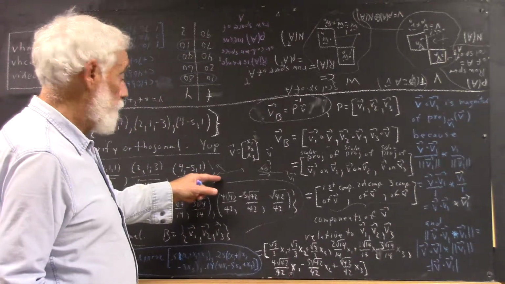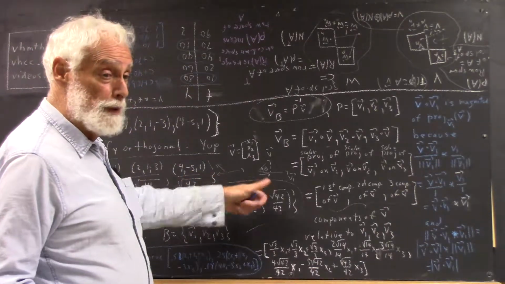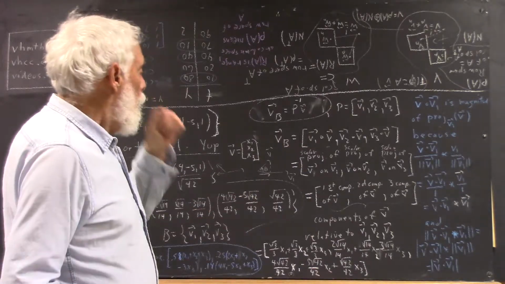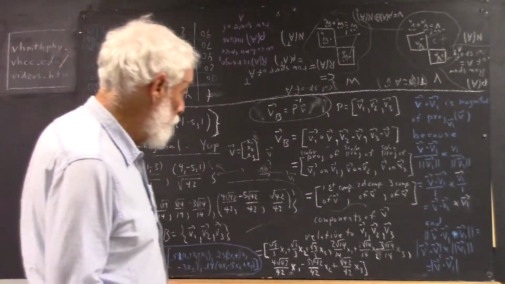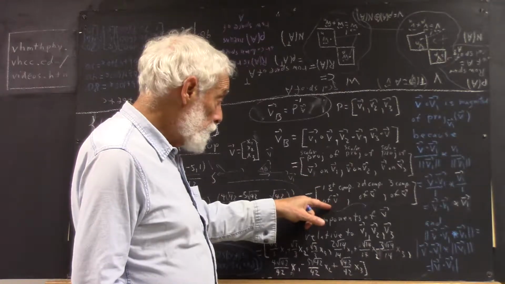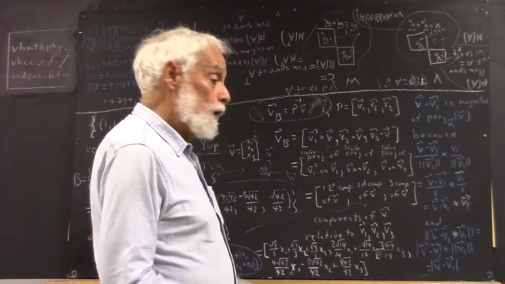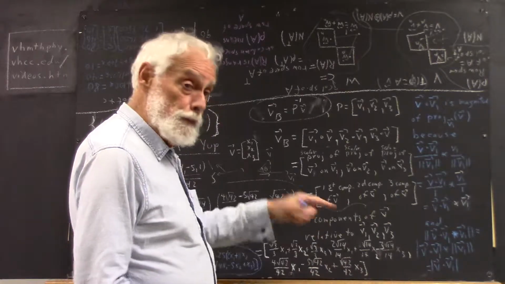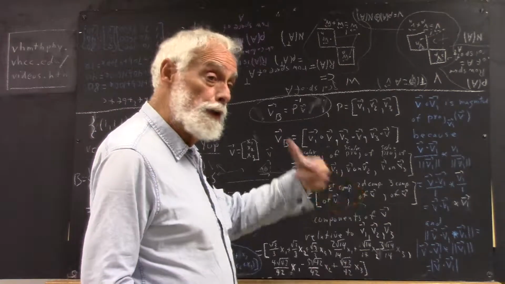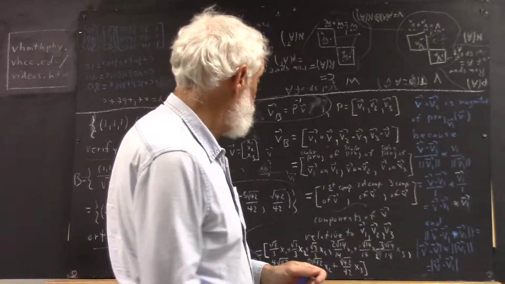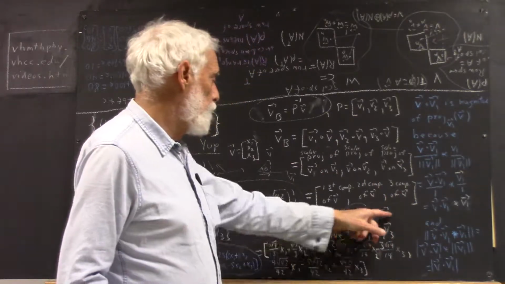The vector projection would be back here, and the scalar projection would be negative, being in the direction opposite the V1 vector. So we regard that as the first component of V, second component of V, third component of V. The component of V in the V1 direction, the component of V in the V2 direction, the component of V in the V3 direction. These are the components of V.